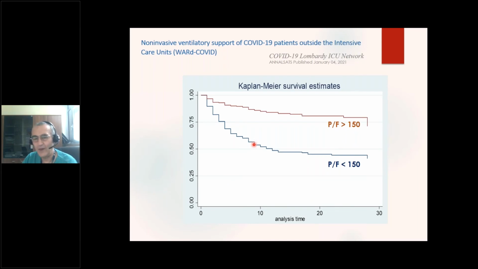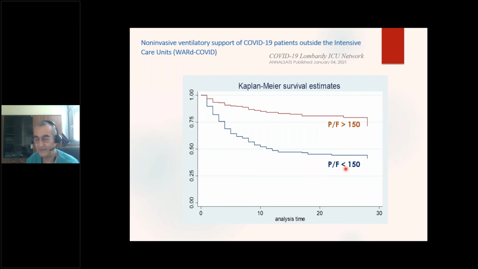And just one data regarding the COVID pandemic. We had a lot of patients on helmet CPAP in Lombardy. As you know, Lombardy, especially during the first wave, was overwhelmed by patients. And what we found is that in patients undergoing helmet CPAP, there is a very, very different outcome if they have a PF ratio during helmet CPAP above or below 150.